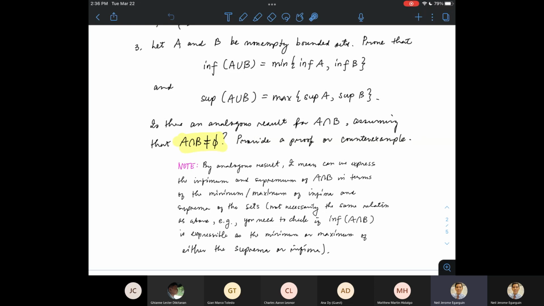Pero usually, yung convention para sa infimum at supremum ng empty set ay nasa extended real number system na. So it's either positive or negative infinity, which unfortunately we did not do in class kasi nga sa klase confined tayo sa mga real numbers. So yeah, dapat ang sinulat ko ay A intersection B is not equal to the empty set.